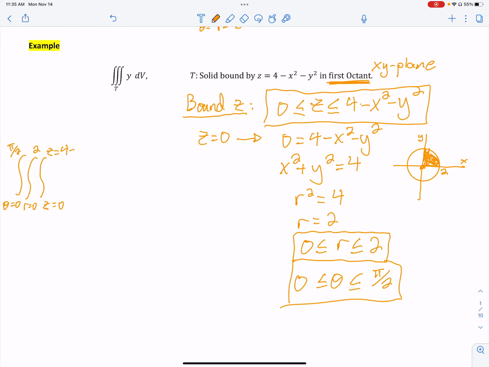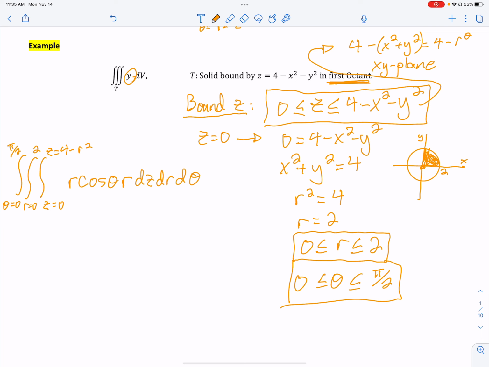We want to put this in terms of r, so this is equal to 4 minus r squared. I replace y with its polar, r sine theta, and then I get everything that was in there, r, dz, dr, d theta.